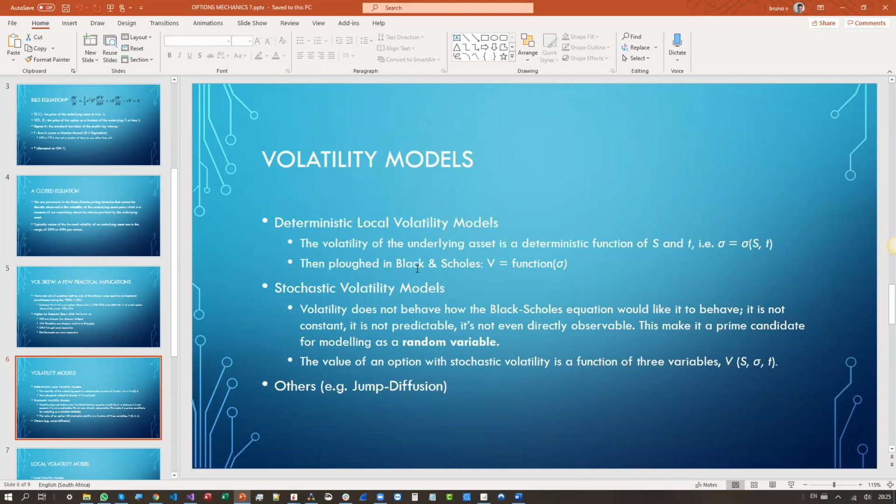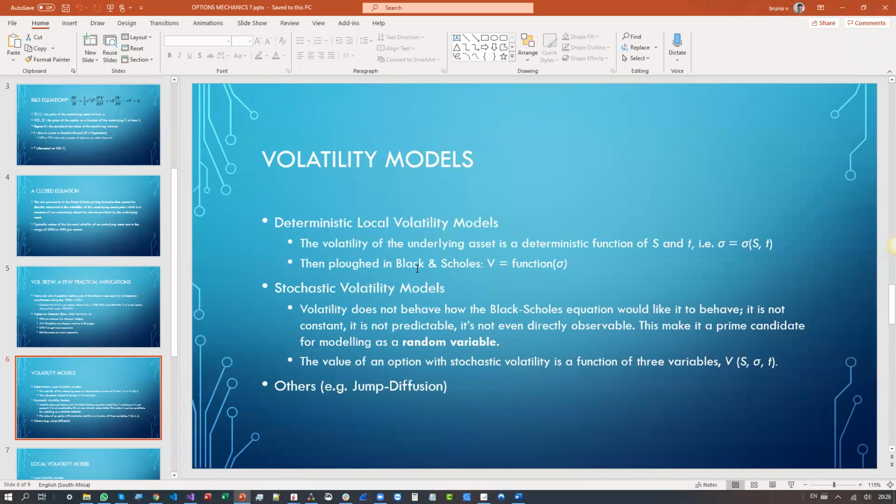There are then more sophisticated models. As a matter of fact, those more sophisticated models have also led to more sophisticated pricing models. So that's a family of stochastic volatility models. For those who use technical analysis, this is a big misnomer.